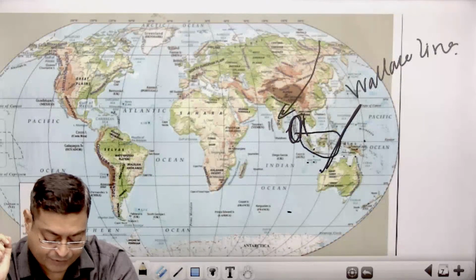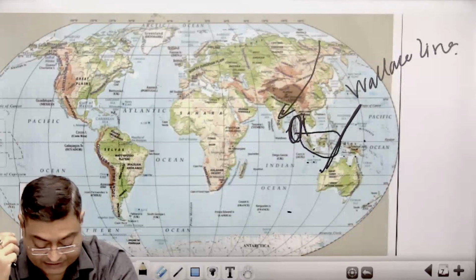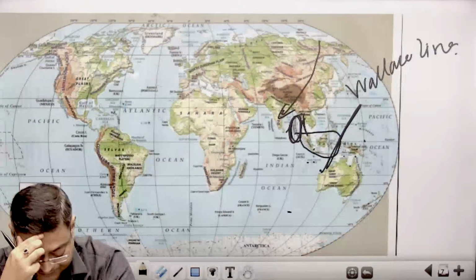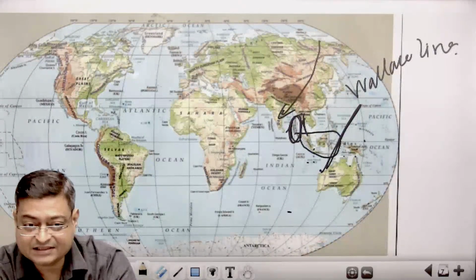The Nagoya Protocol, change the paragraph, the Nagoya Protocol. Nagoya is a place in Japan.